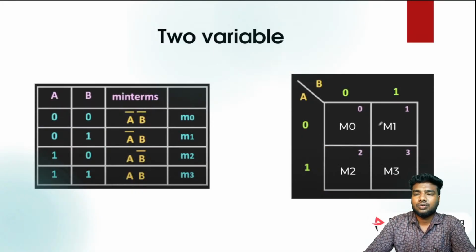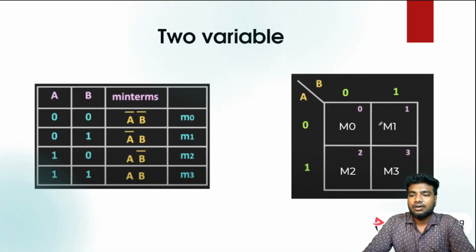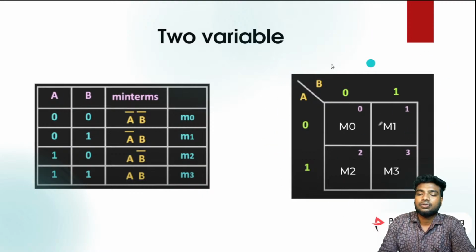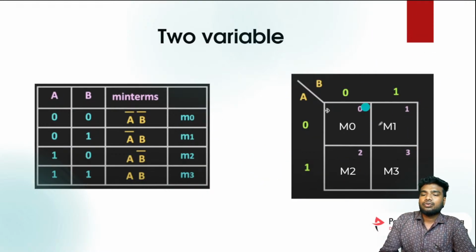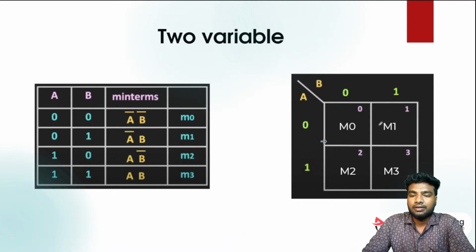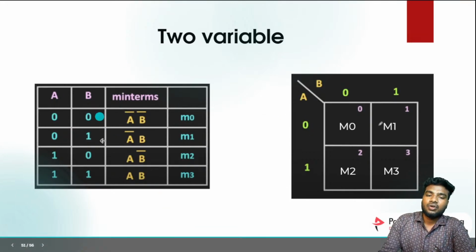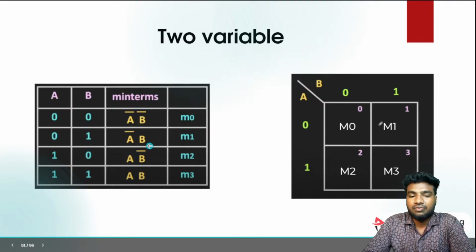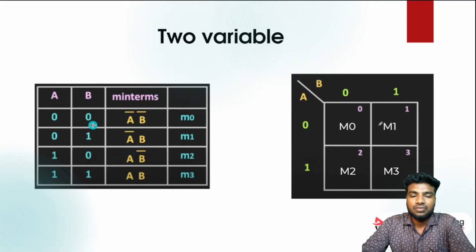This is the two variable case. If you have A and B and want to make a K-map for two variables, you have to draw a 2D grid like this. For 2 power n with two variables, 2 power 2 means 4, so you must have 4 min terms. Min terms are nothing but combinations of the inputs, like a equals 0, b equals 0.